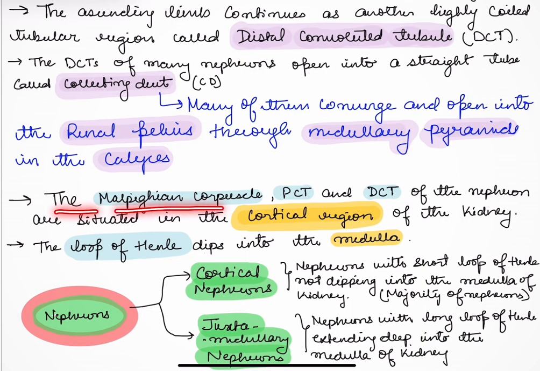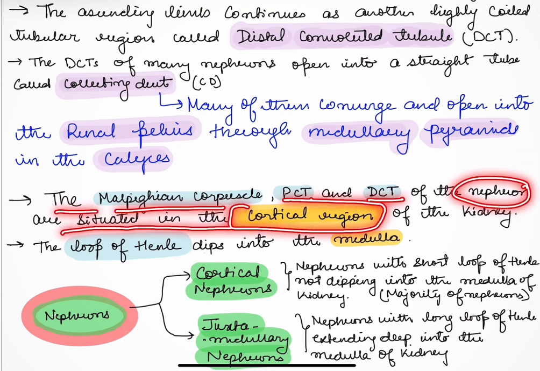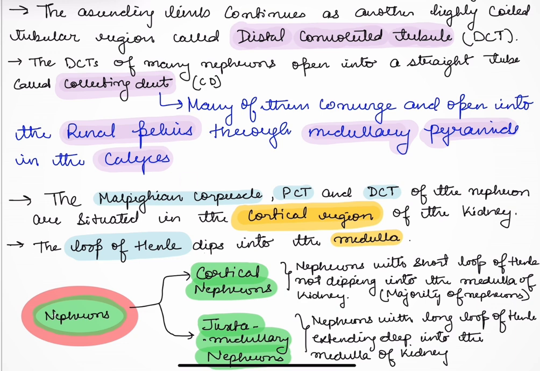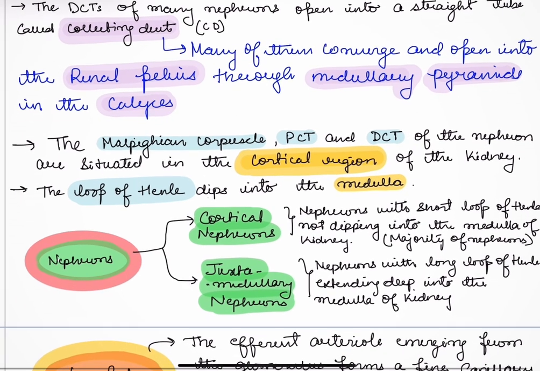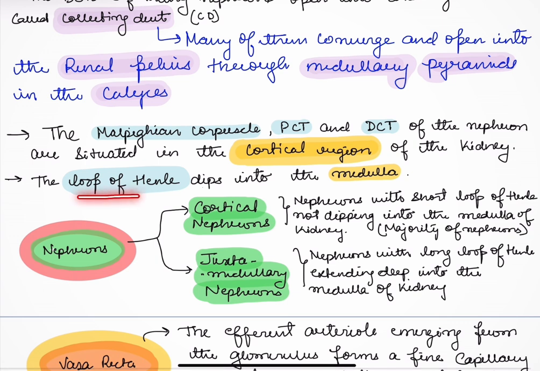The Malpighian corpuscle, PCT and DCT of the nephron all are situated in the cortical region of the kidney. We know where the cortex lies. So in the cortical region of the kidney, the Malpighian corpuscle, the PCT and the DCT of the nephron are situated. Whereas the loop of Henle dips into the medullary region.